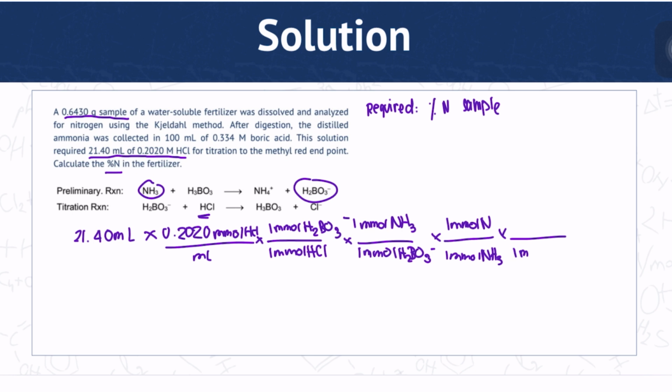So 1 millimole of N is equal to approximately 14.01 milligram of N. And if you double check your stoichiometric relationships, you'd see that they all eventually cancel out, leaving you with the milligrams of nitrogen in your solution.